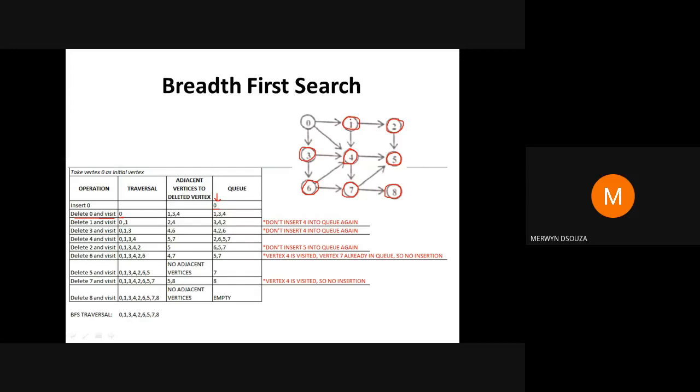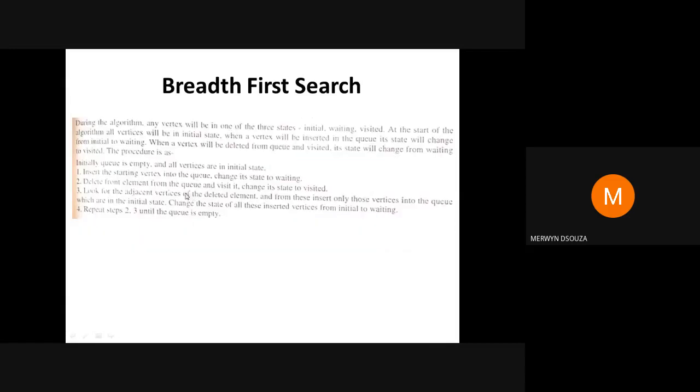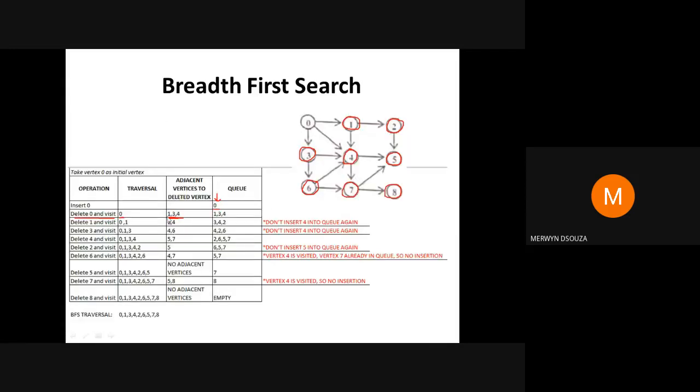All these are reachable from 0. So we write them in ascending order, and I write all the adjacent vertices to the deleted vertex in this column here.